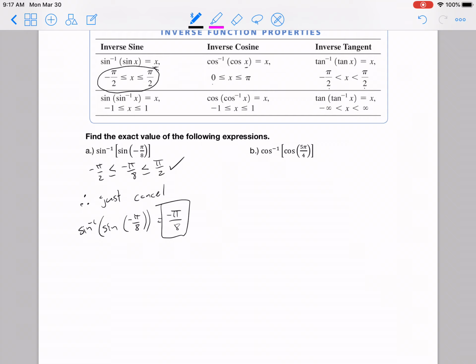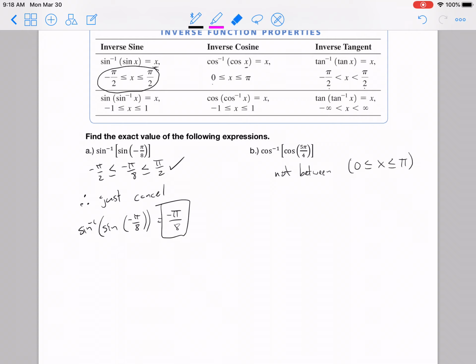Take a look here at the arc cosine of the cosine of 5 pi over 4. Now, for arc cosine, we need to be between 0 and pi, but we are not. So it's not between 0 and pi, okay?